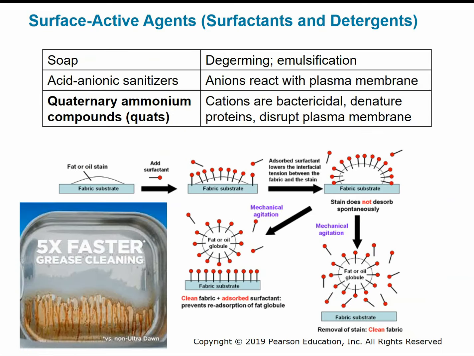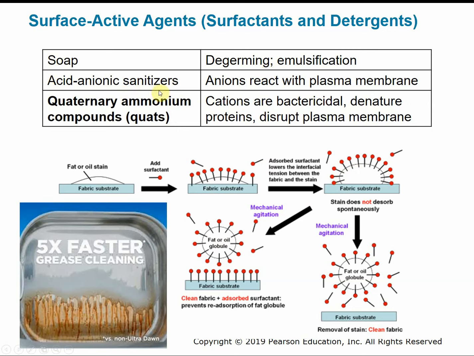Surface active agents, sometimes referred to as surfactants or just detergents, work on the surface of an object to remove microbes. Things like soap work by degerming and emulsifying the microbes and oil globules.